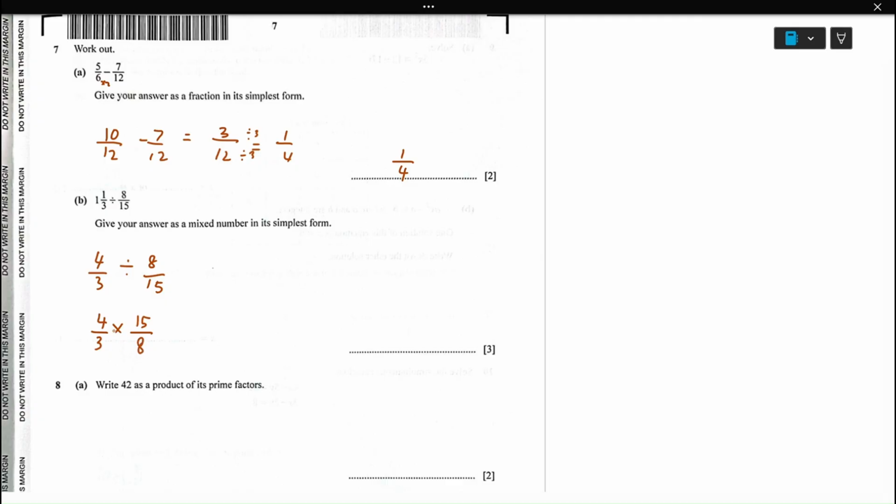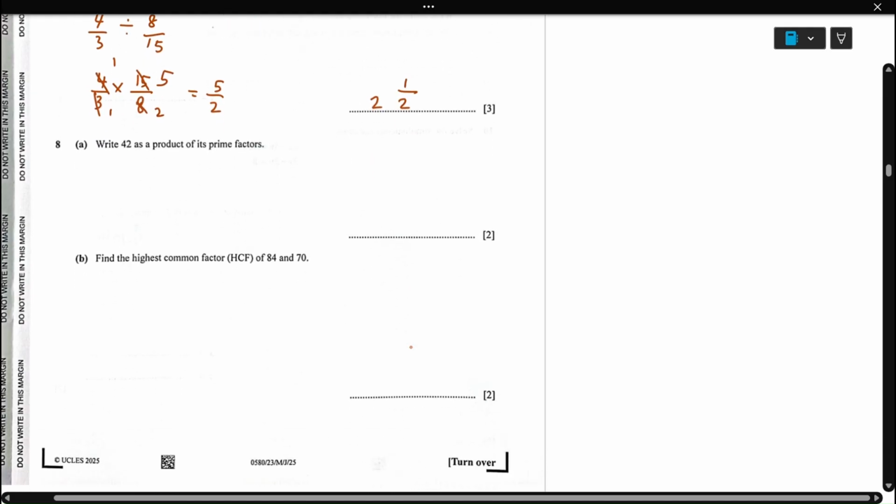Okay, now we can go for simplification. This is 1, this is 5, because of the 3 times table and 4 times table, this is 1 and this is 2. The final answer is going to be 5 by 2. This is not a proper fraction, it is improper, so we can change it into a mixed fraction. How many 2s are there in the numerator? 2 times 2 is 4, then 1 left over 2.